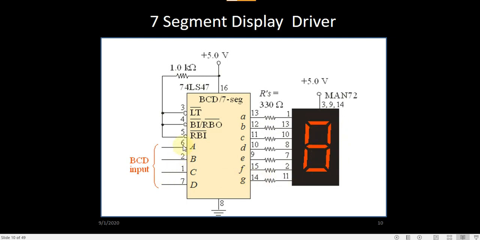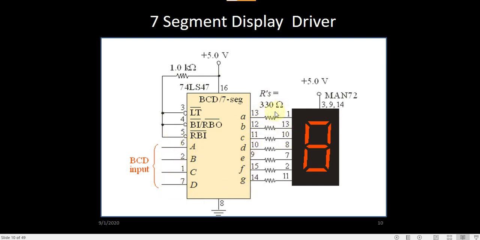If the input is binary 1, the display will be 1. If it is 2, it will be 2. So the maximum input which you can give here is 0 to 9, because it is going to drive this display. So all input conditions from 10 to 15 you can take as don't care conditions when you are designing this IC. There are 4 inputs and several outputs.